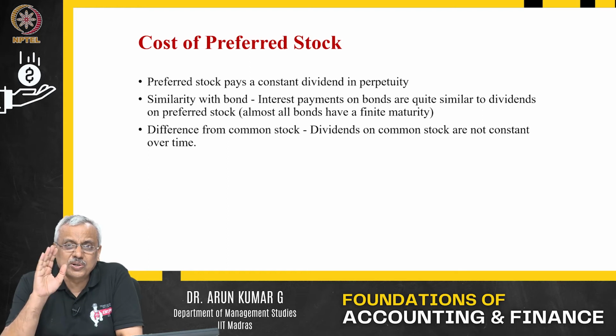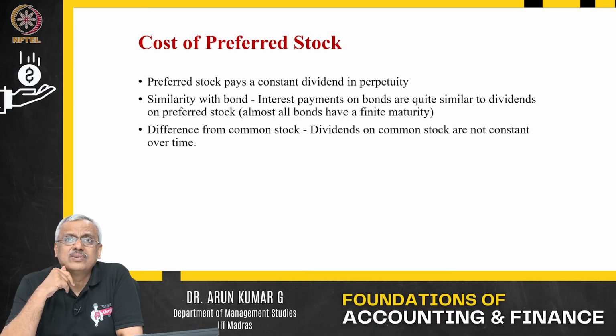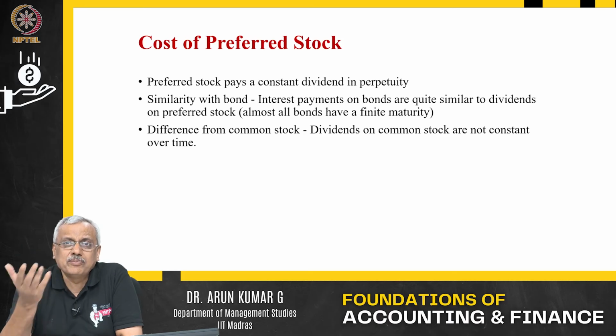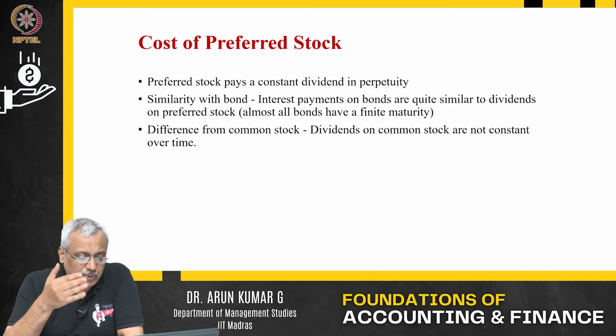But you are assured of a fixed rate of return. And you are also assured of redemption at the end of a certain period. Redemption means the company will take back the preference shares that were given to you, and give the face value to you at the end of a specified period. That is also possible for a preference shareholder.